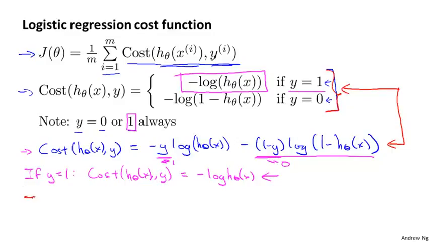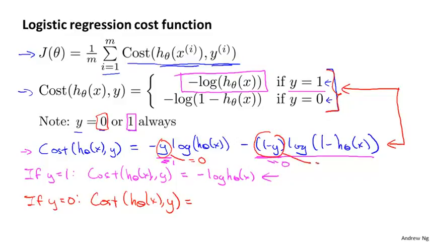The other case is if y is equal to 0. Then this first term would be equal to 0, whereas 1 minus y becomes 1 minus 0, which is just equal to 1. And so the cost function simplifies to just this last term, because the first term gets multiplied by 0 and disappears.